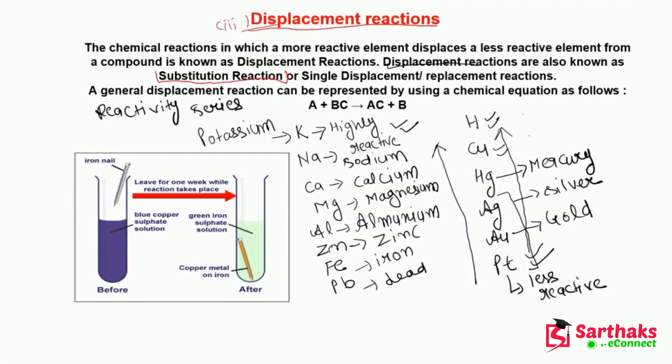If this reaction comes with the name substitution reaction, you do not need to be confused, because substitution reaction and displacement reaction are the same. Now a general displacement reaction can be represented as A + BC → AC + B. Let's move ahead and talk about what this means.